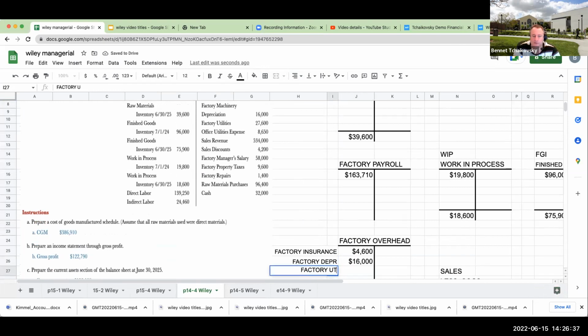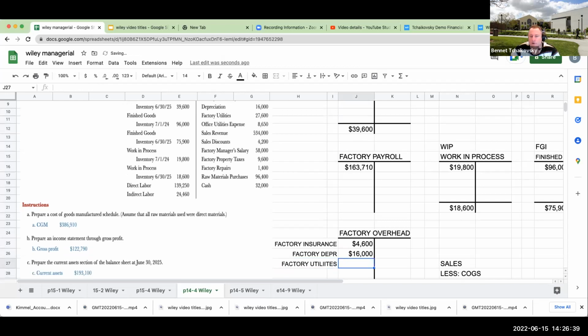Our factory utilities are going to be 27,600. Now, the office utilities expense is going to be selling, general, and administrative. Sales revenue and sales discounts are revenue and contra revenue items. The factory manager's salary I would be putting into factory overhead.